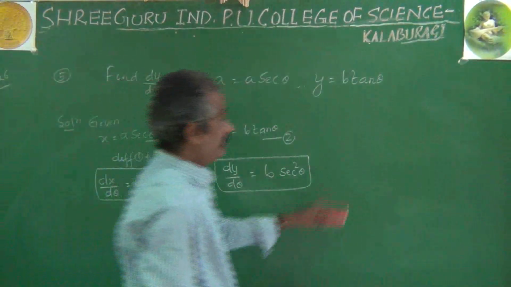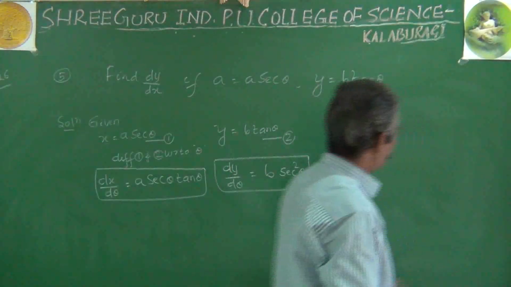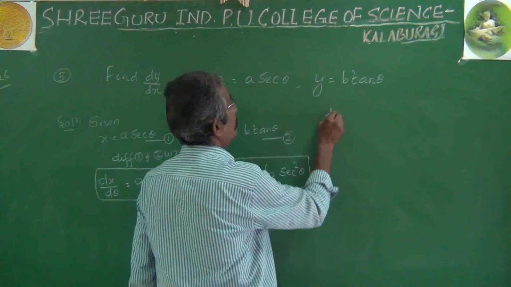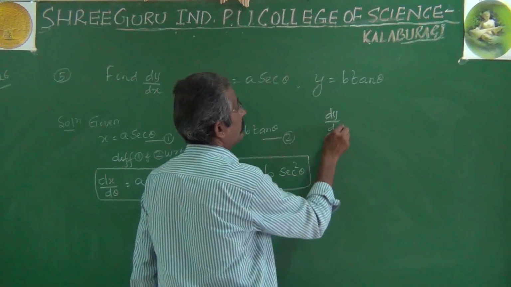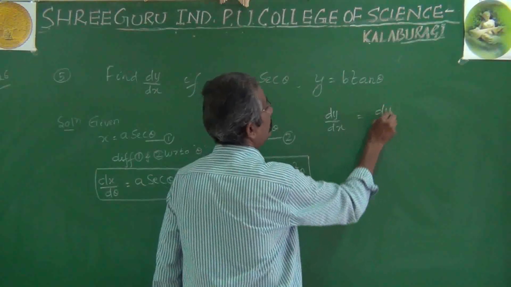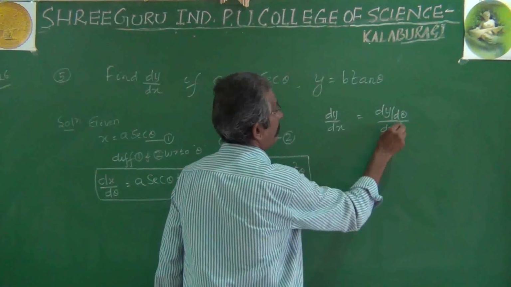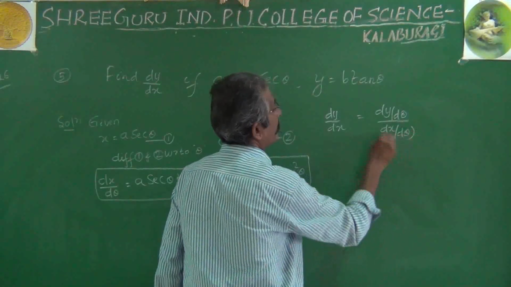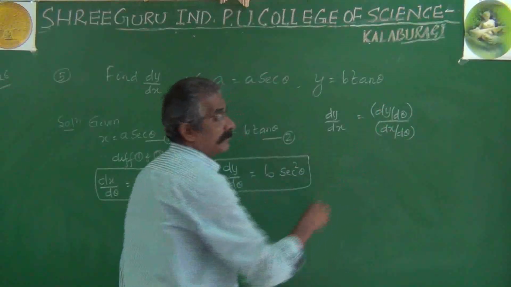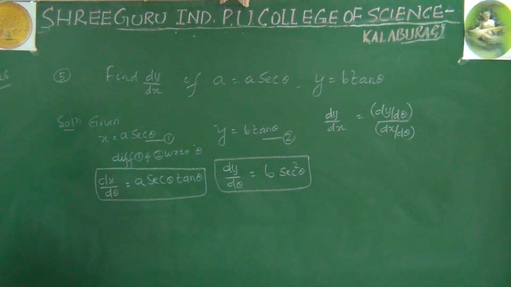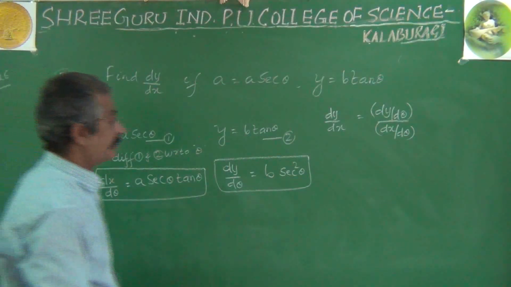Now finally, let's find dy by dx. Now, dy by dx is defined by dy by d theta divided by dx by d theta. Let us substitute the values of dy by d theta and dx by d theta.